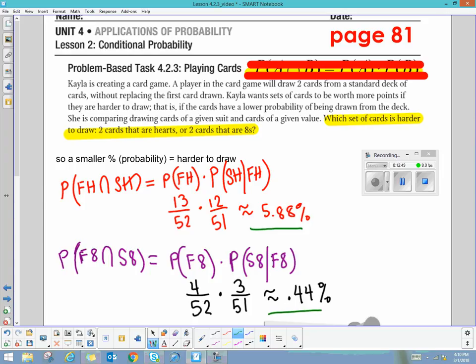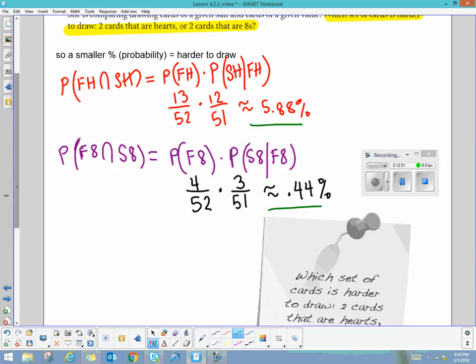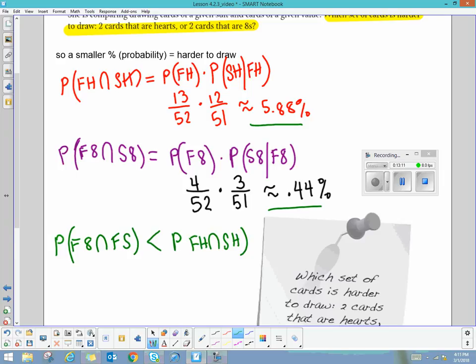So if we compare the two, the probability of getting 2 8 cards is much less than the probability of getting 2 cards with hearts on them. So for this reason, therefore, we should be able to conclude that it is harder to draw 2 cards that are 8s.